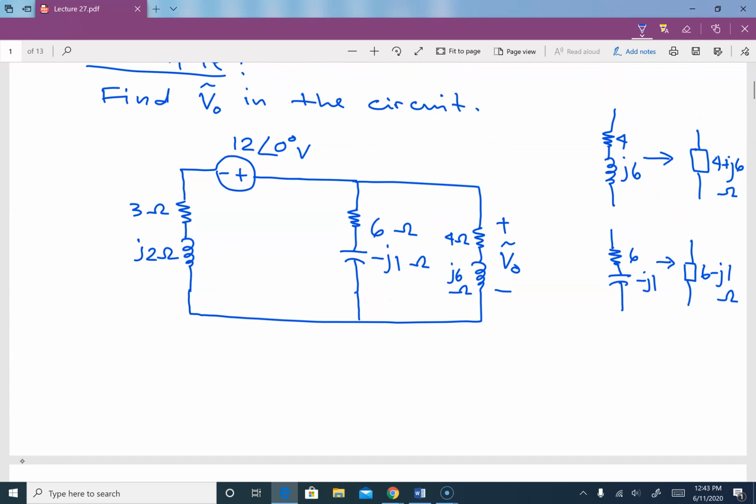So now the first step here is to assign the nodes. We will assign a node here, we call it V1, and this is our reference here.